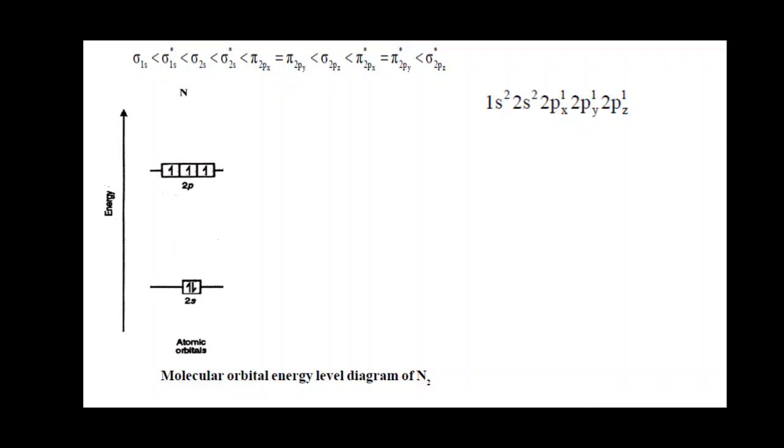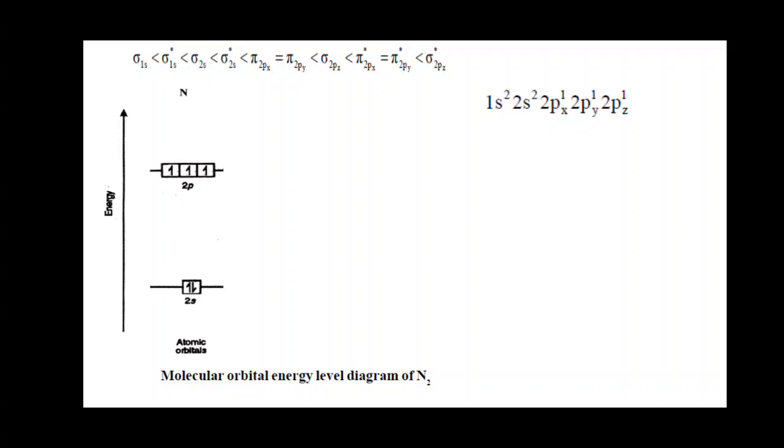Here the 1s2 orbital is not required for the bond order. It is involved in the bonding but is not required in the bond order, right? So on the left side, the one nitrogen atomic orbital starts from 2s to 2p3.